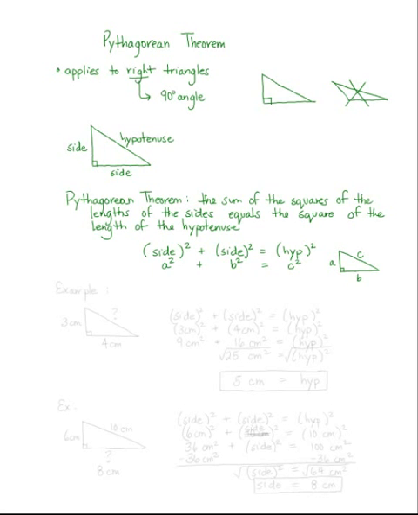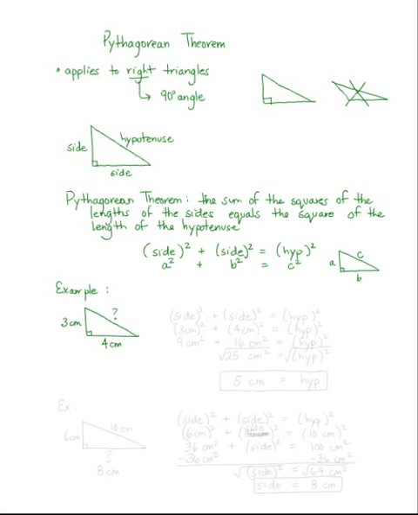Let's look at an example of how we can use the Pythagorean theorem to solve a problem. Suppose we had a right triangle and one side was 3 centimeters, another side was 4 centimeters, and we want to know the length of the hypotenuse.